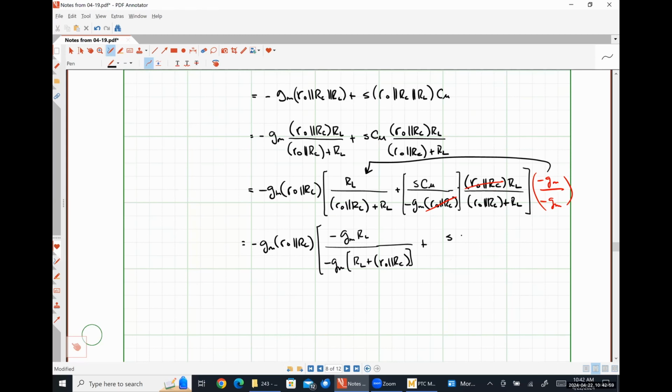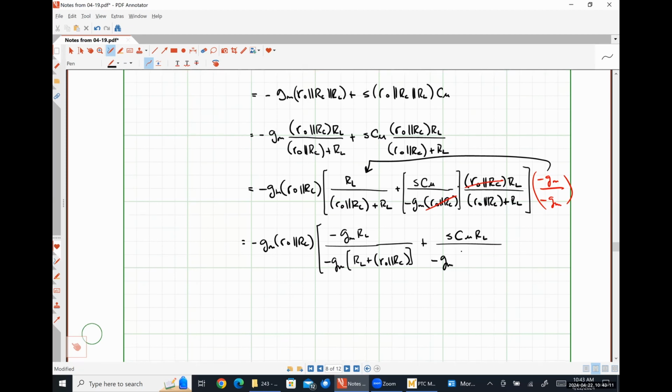Plus S C mu RL over negative GM times that same RL plus R naught plus RC. Which is, and just move the GM in the numerator.